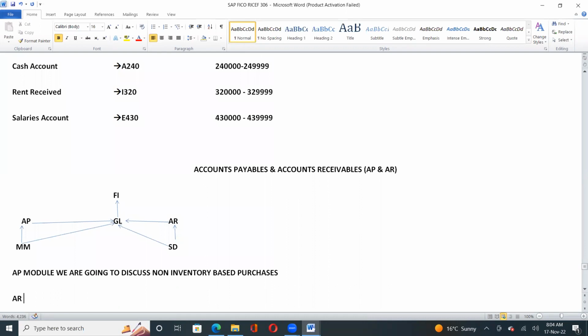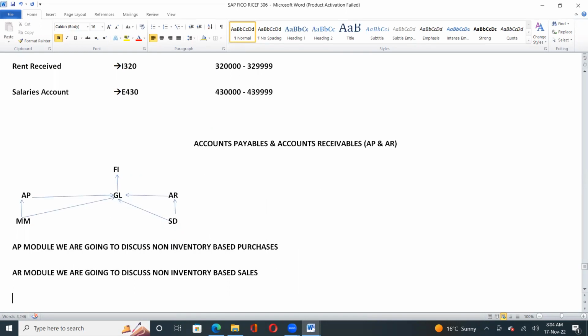And in the AR module, we are going to discuss non-inventory based sales. Clear? So here AP to GL, AR to GL.